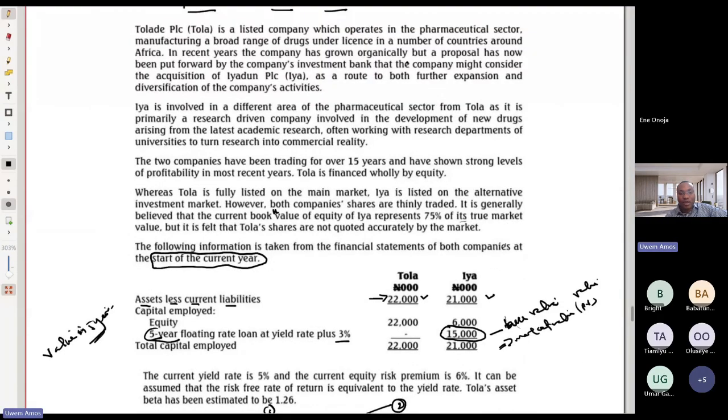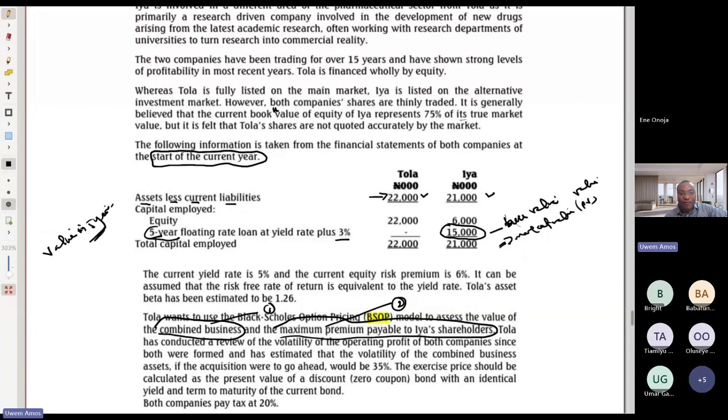It says that the 5-year floating rate loan is at yield plus 3%. So what is our yield? Right here, it tells us that the current yield rate is 5%. So that would be 5 plus 3 gives us 8%.